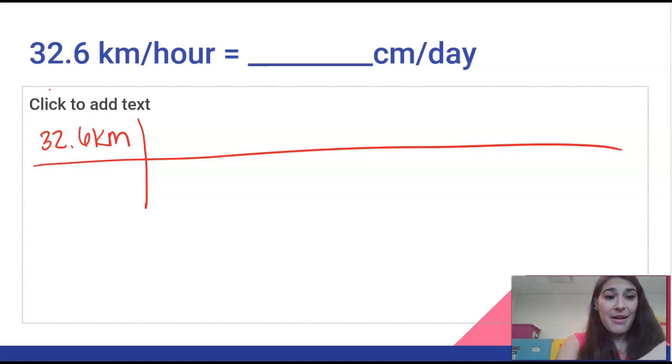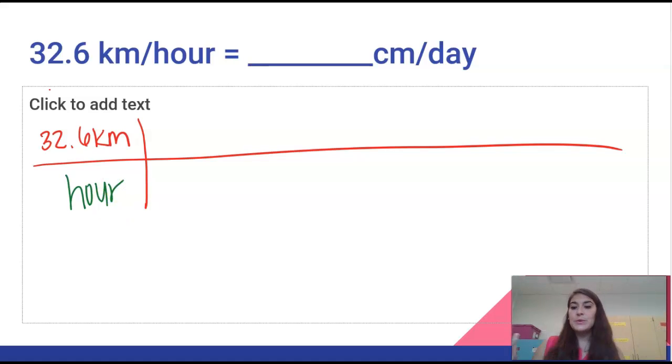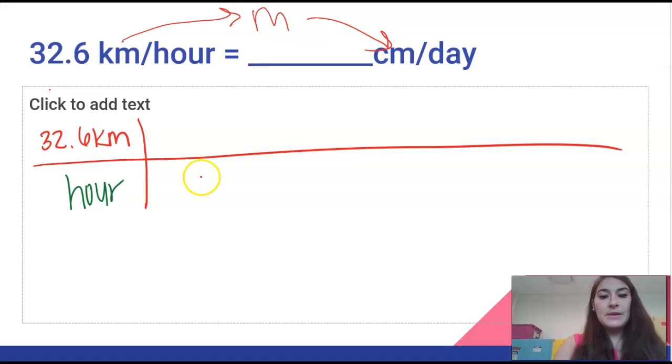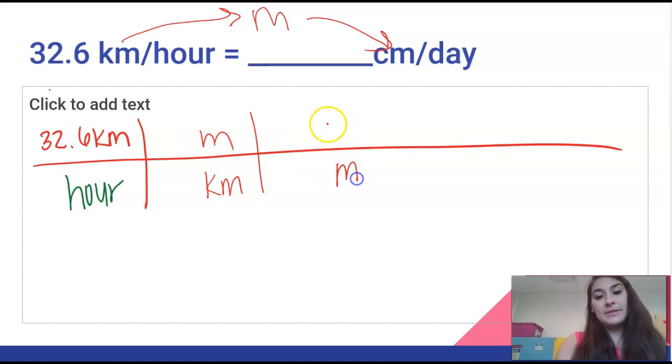Now that goes there. I'm going to use a different color just to help us stay clear. I think about this in two ways. I'm going to get rid of the kilometers first. So I'm going to go kilometers, then we go to our base, to meters, to centimeters. So kilometers to meters, meters to centimeters.